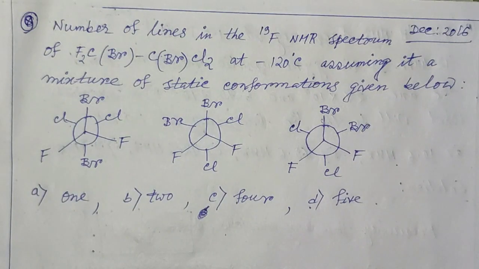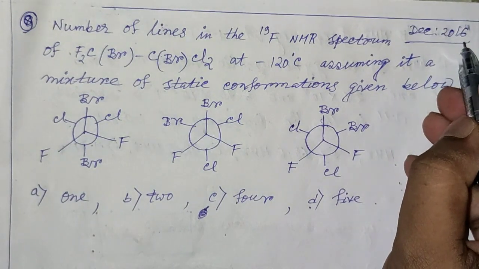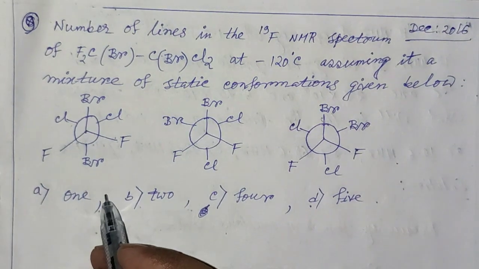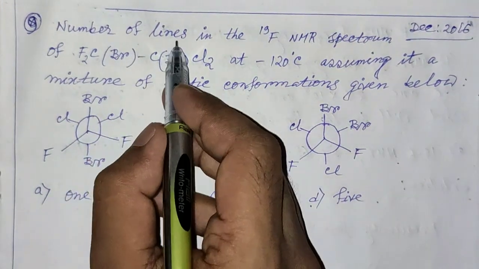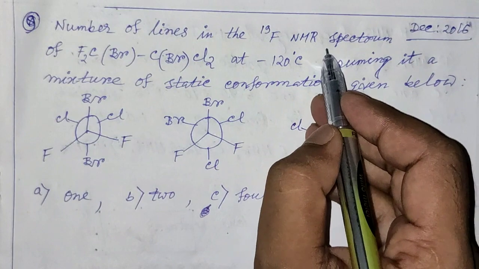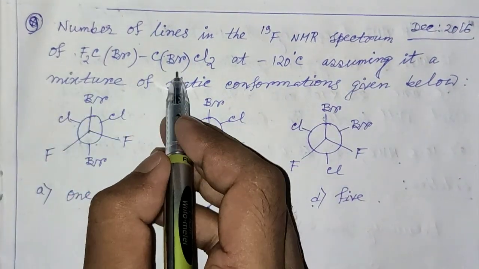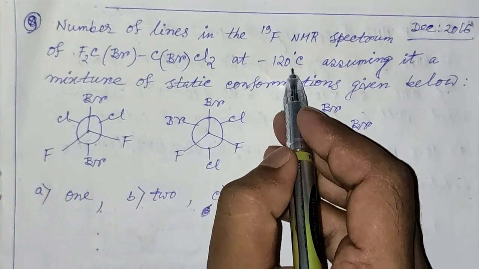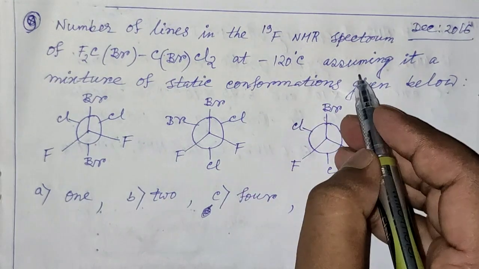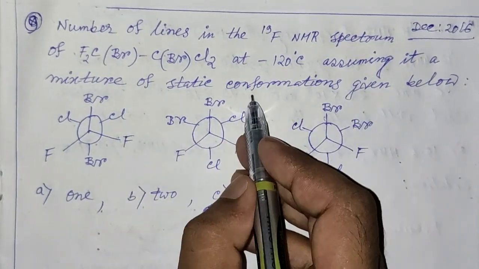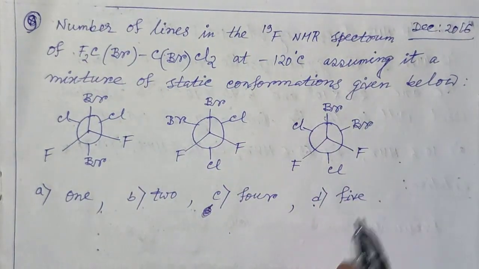The next question was asked in December 2016. It was asked that the number of lines in the 19F NMR spectrum of this compound at minus 120 degrees centigrade, assuming it a mixture of static conformations given below.